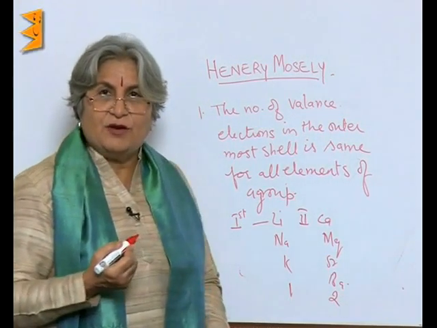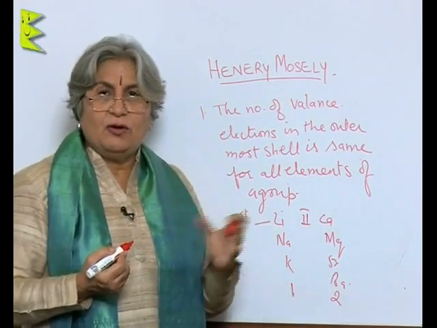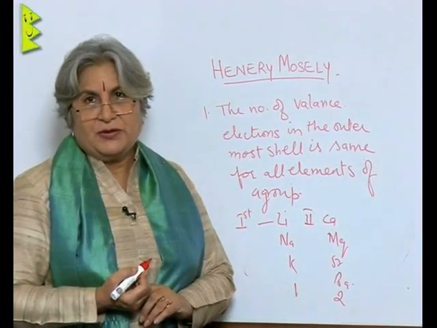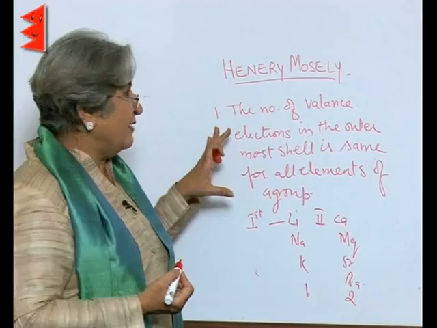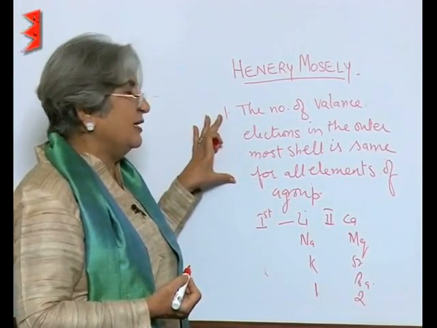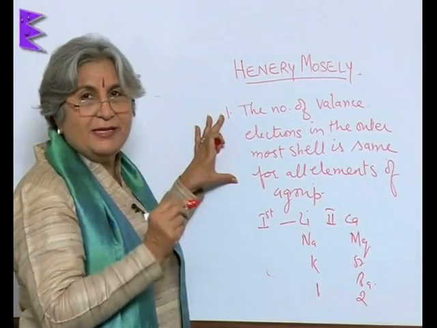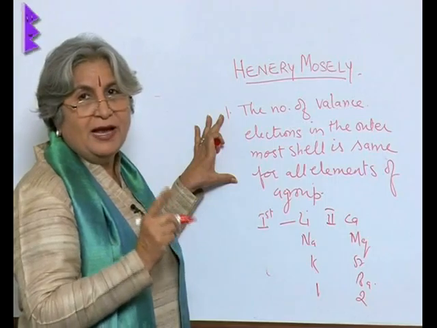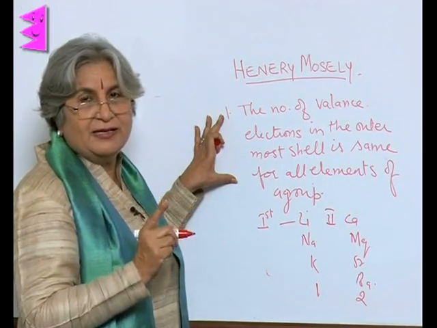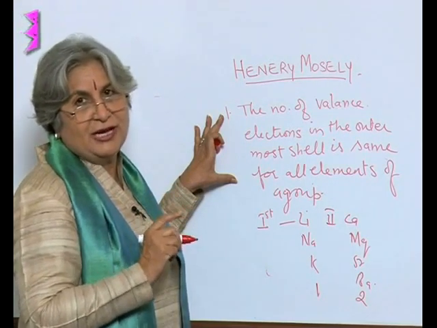And in the case of noble gases, it is either 2 or 8. So, you see, this is the one most important feature, that all elements belonging to one group have same number of electron valence in its outermost shell.